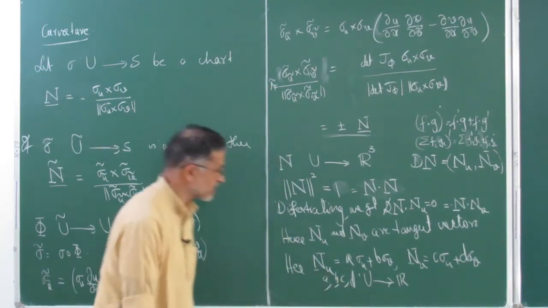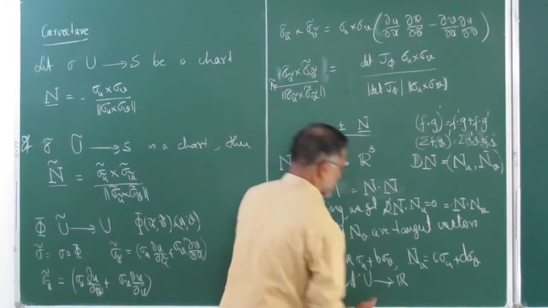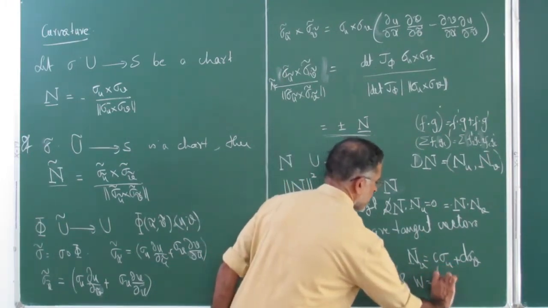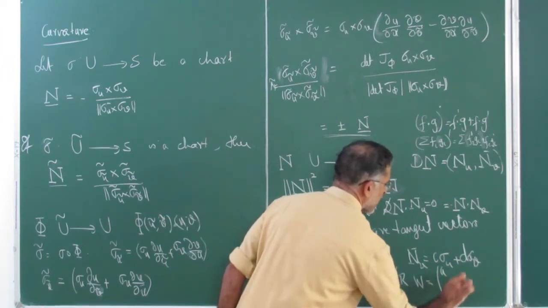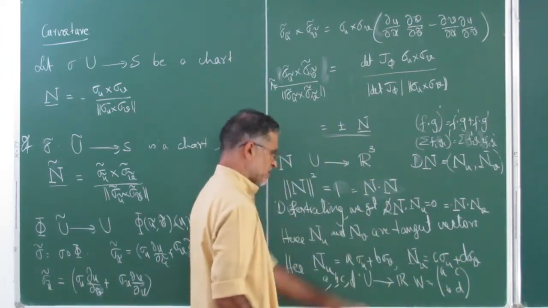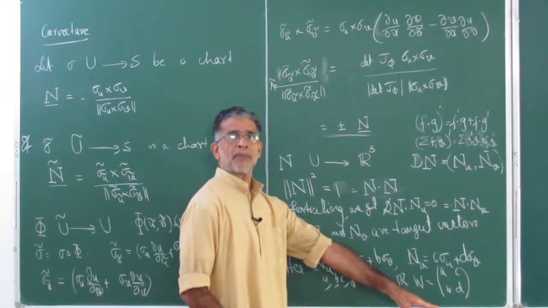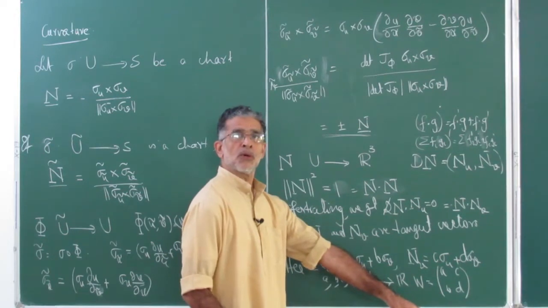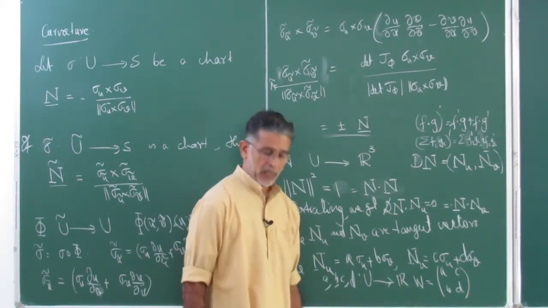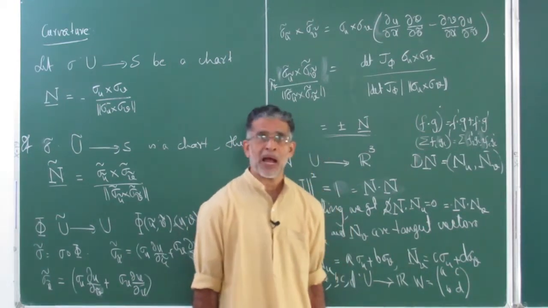Okay, so this is a linear map, given by A, B, C, D. This mapping from U to R3 is called the Weingarten map, or some people call it the shape map.